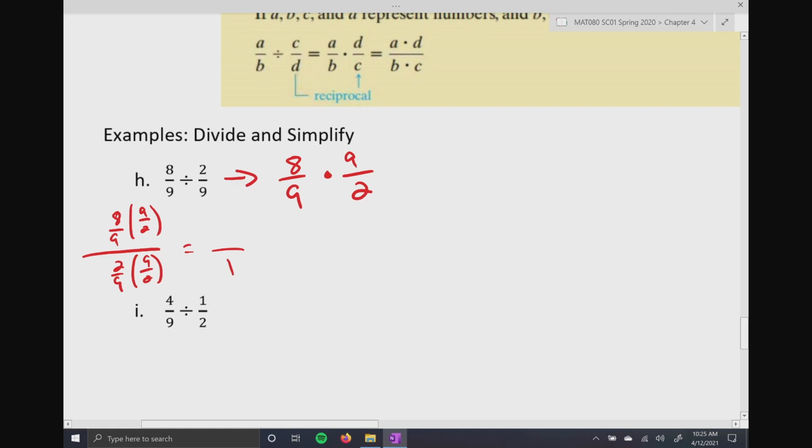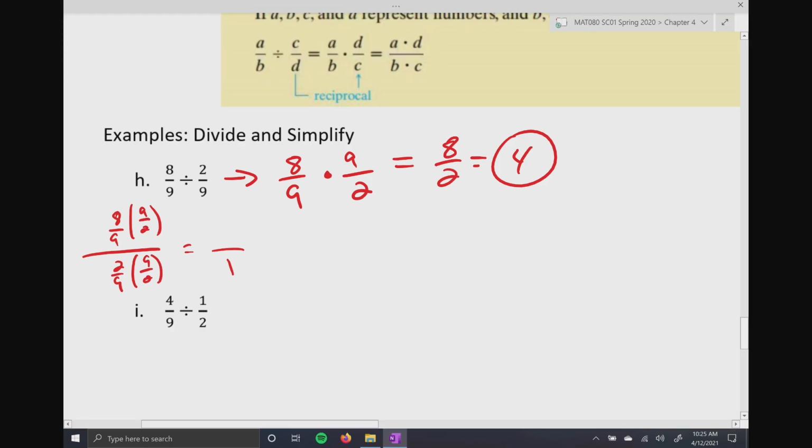So from now on, hopefully you understand why we're doing this, and hopefully you see, wow, dividing fractions is nothing more than just multiplying by the reciprocal. In other words, it's another multiplication problem. The only thing you got to do is flip it first. Does that make sense, everyone? Yes or no? Okay.